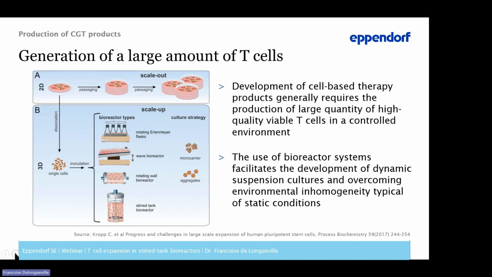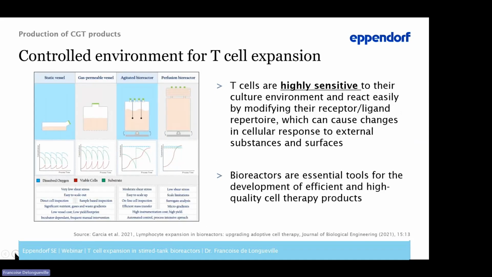The use of a bioreactor system facilitates the development of a dynamic suspension culture and overcomes environmental inhomogeneity typical of static conditions. It becomes quite clear that the expansion of cells for cell and gene therapy products requires bioreactors, as they allow process scaling up with high standardization and reproducibility.